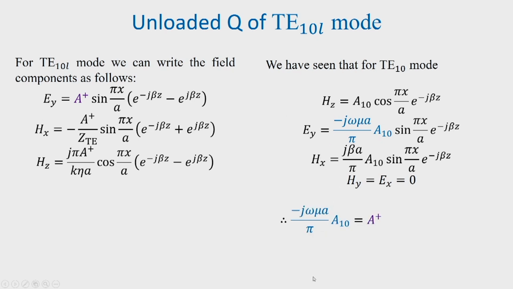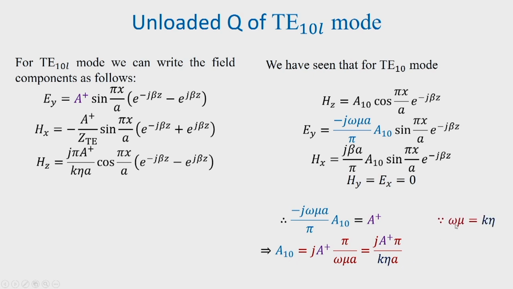We write A plus for the term minus j omega mu a by pi, if you compare Ey from here and Ey from here. Therefore, A10 becomes j A plus pi by omega mu a, and this can be written as j A plus pi by k eta a.